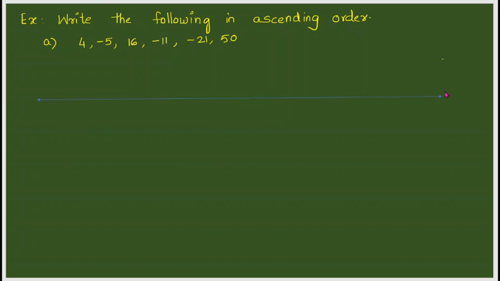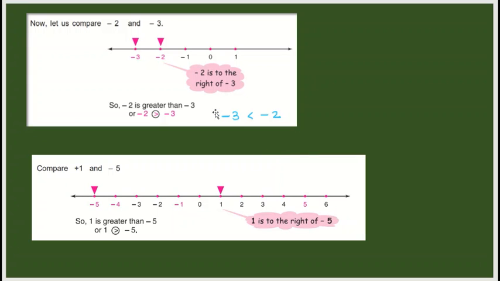Now let us see one example problem. Here it is asked to write the integers in ascending order. The given integers are 4, minus 5, 16, minus 11, minus 21 and 50. Before going to solve this, let us remember once again how minus 2 is greater than minus 3.